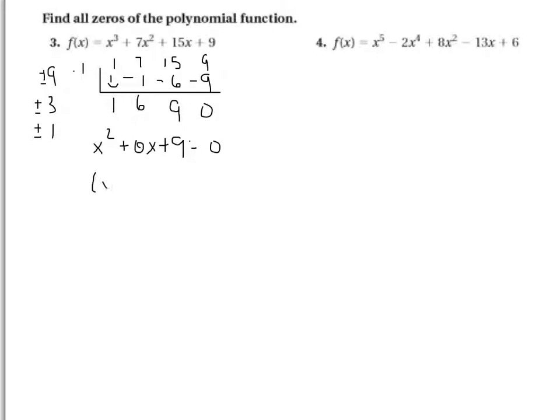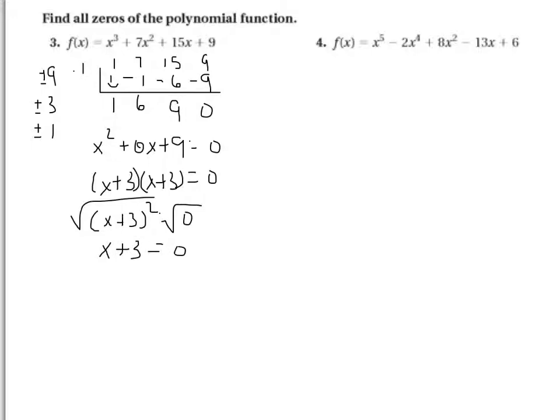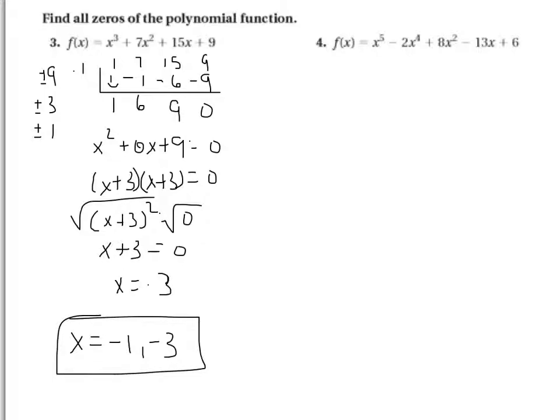Well, that's x plus 3 times x plus 3. Because we got to finish finding the zeros. So you get x plus 3 squared equals 0. Take the square root. So x equals -3. So all the zeros are -1 and -3, but -3 was twice.